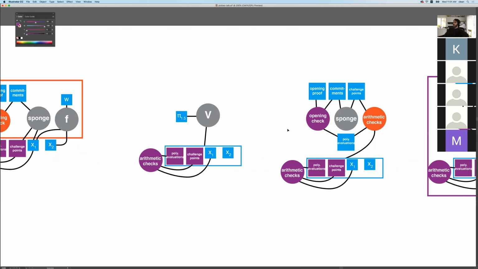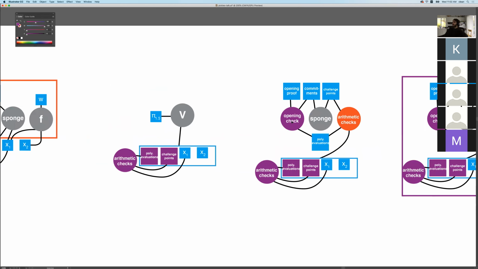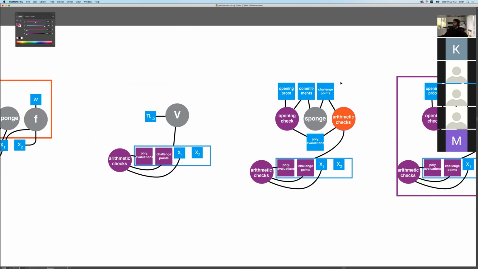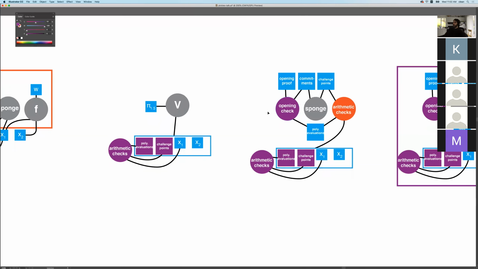Okay, so now let's inline the definition of this V. So V will look like this. It will involve some opening check and also some arithmetic checks, but notice now, the opening check is over FQ and the arithmetic check is over FP if we're using a cycle.